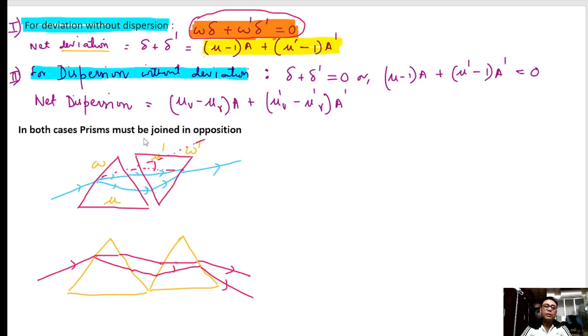For dispersion without deviation, that means dispersion will be there, but net deviation will not be there. Let me draw the diagram properly.